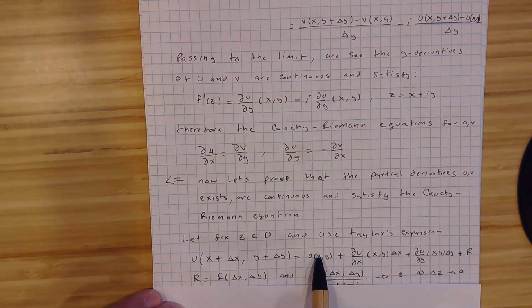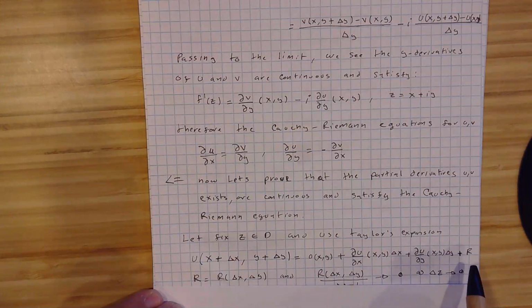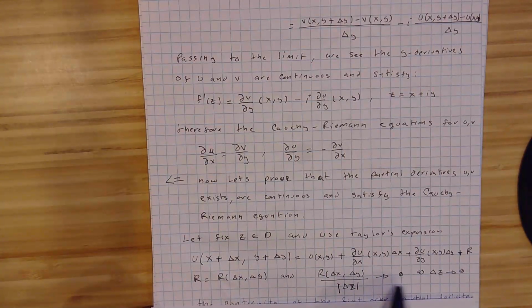The initial one that doesn't have the derivative, the partial derivatives, and the remainder. The remainder will also be a function of the deltas, right? These deltas will tend to be 0 here, as we see.